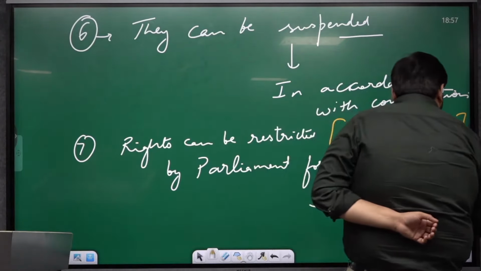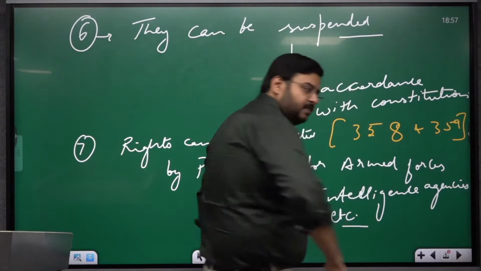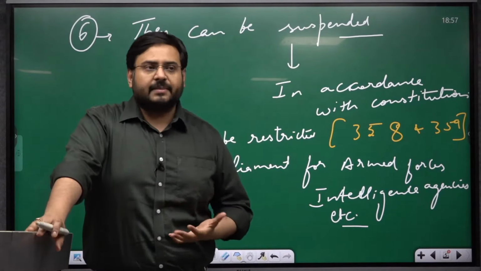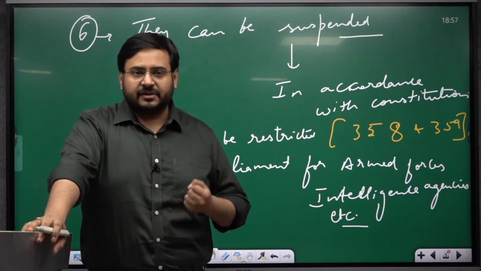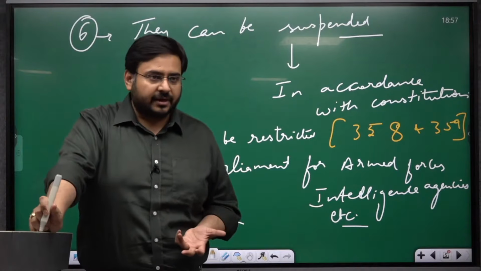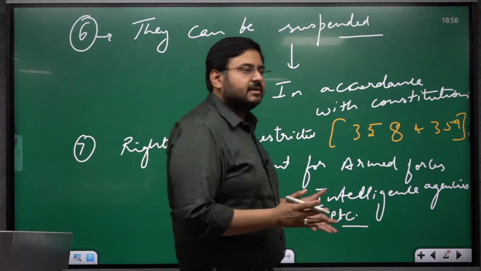Armed forces and intelligence agencies, etc. It can be suspended. Clear? For example, when you will become a civil servant, you cannot have the same rights that you have right now. You cannot have the same rights, because at that time you are a part of an agency whose rights can be suspended.